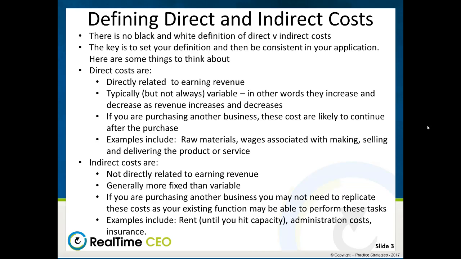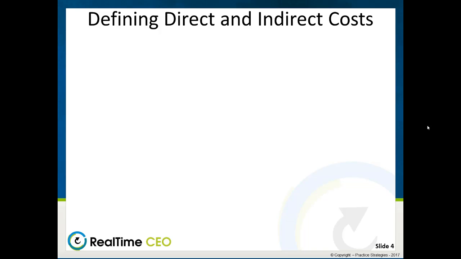So by way of example, rent is a good example of an indirect cost because if you have spare capacity, that's unlikely to go up. It's likely to remain fixed until such time as you hit your capacity and you need to take on more space. Administration costs and insurance costs are going to remain predominantly fixed until you hit capacity and you need additional resource.